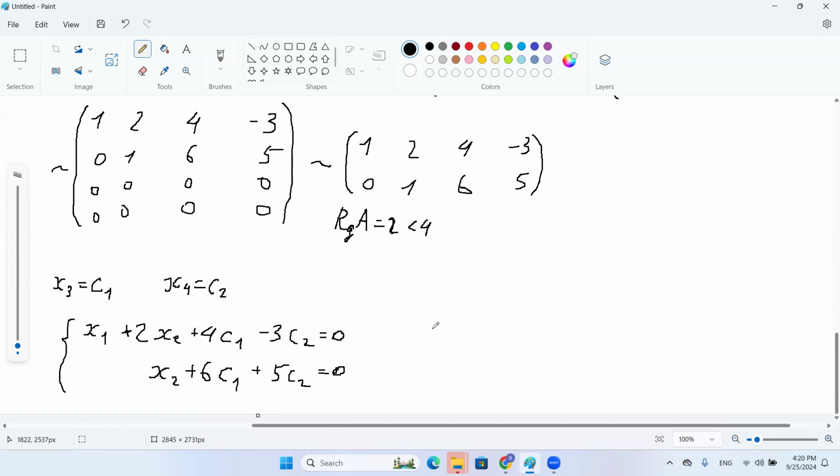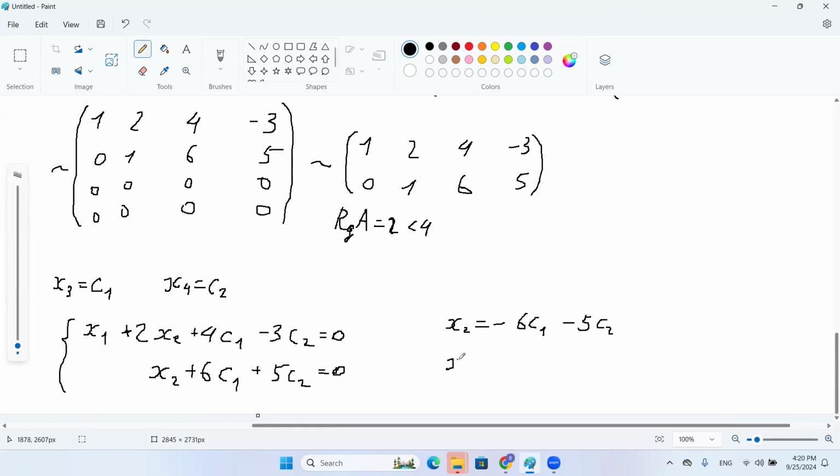Okay. And now let's solve it for x2 and x1. x2 equals minus 6c1 minus 5c2.